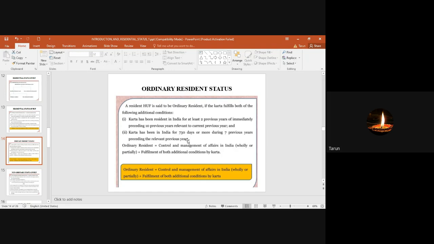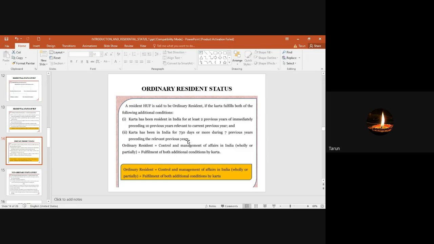Right? So you need to understand ordinary resident in a coding language. Once you understand the coding language, you can easily grasp the question to identify the residential status. So ordinary resident is control and management of affairs in India, wholly or partially, plus fulfillment of both additional conditions by the Karta.